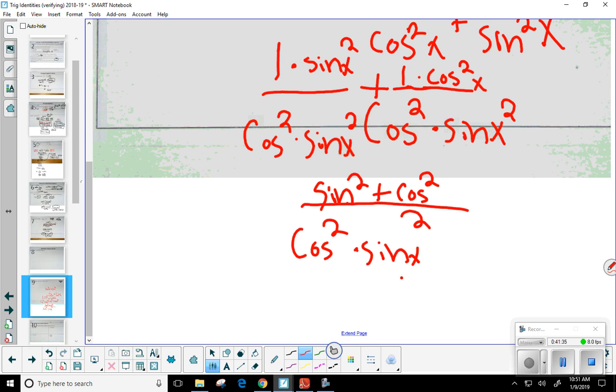There you go. And then that's 1 over cosine squared times sine squared. Okay. And what's the reciprocal of 1 over cosine squared? Secant squared. 1 over sine squared is cosecant squared, which is exactly what we needed. Okay, good. Good job.